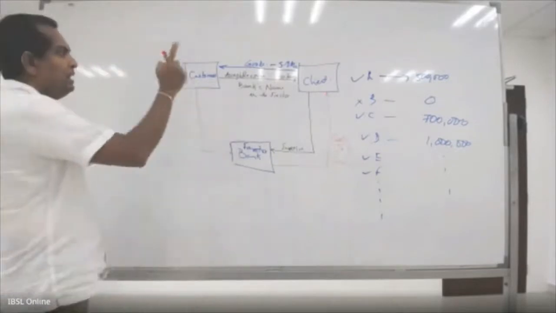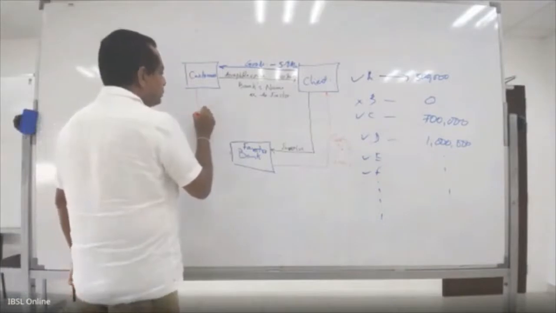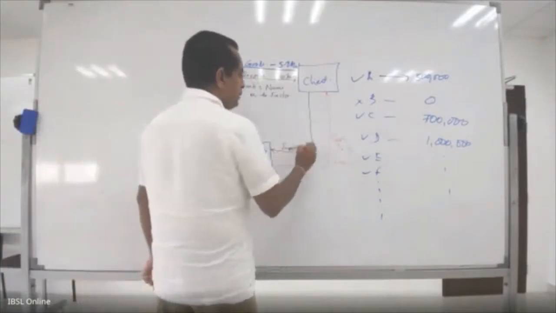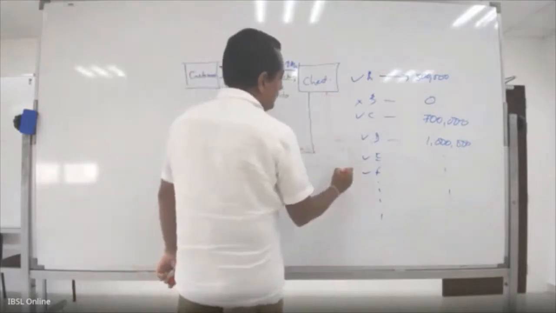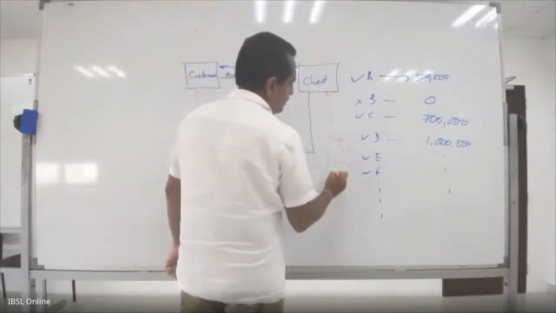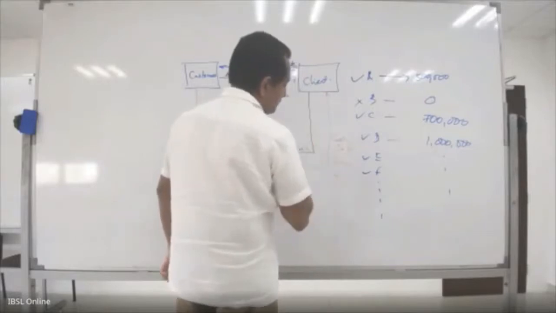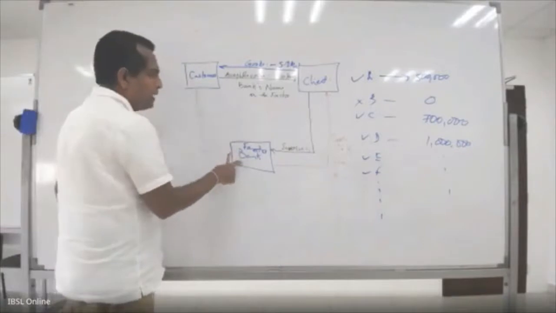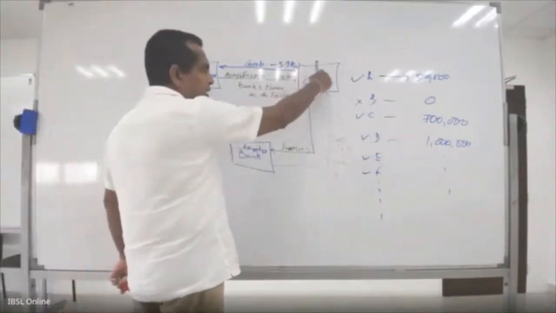Invoice value is 5 million. I will give 4 million here. At the 30th day, the customer needs to pay the bank, not the client.